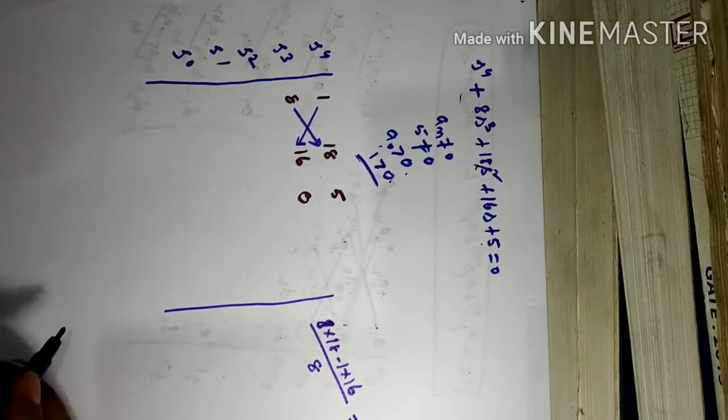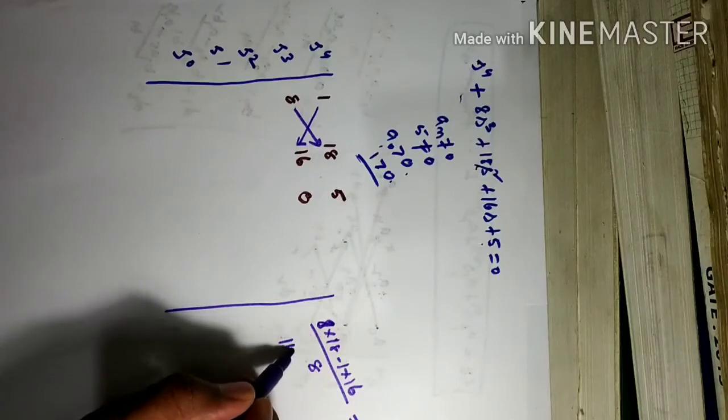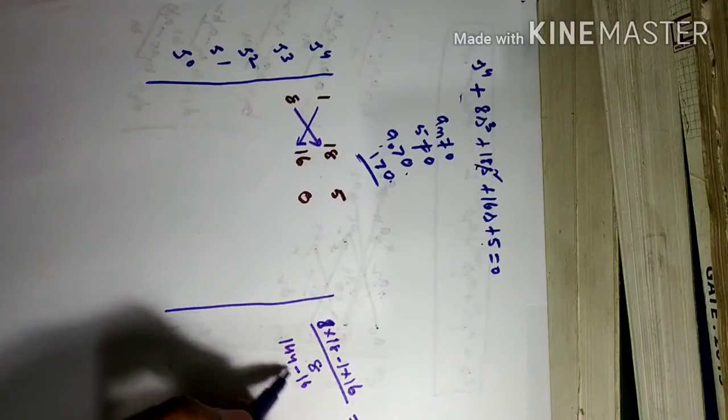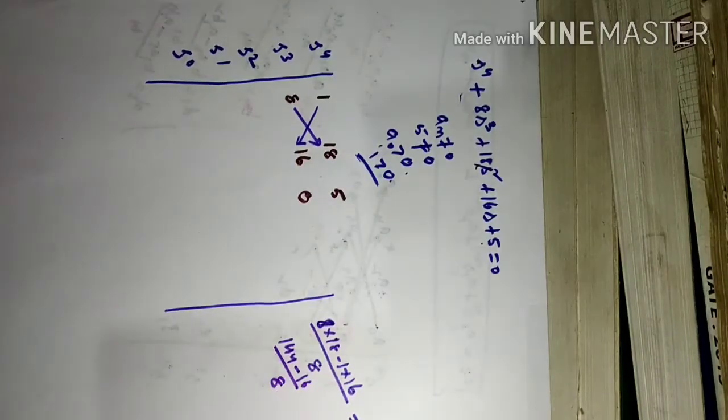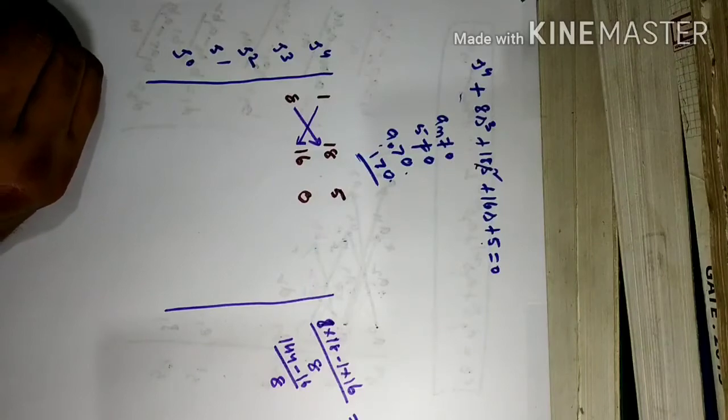You can do the mathematical equation. So how much will this value be? 144 minus 16 by 8. Alright, so this is how much you will get.